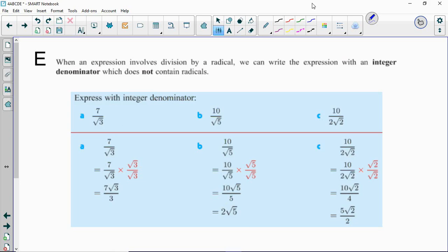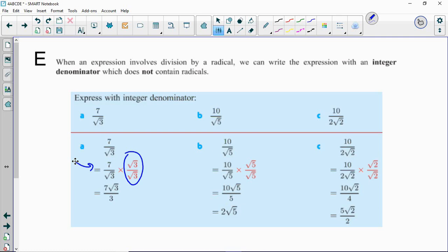Anyway, if you have a radical in the denominator and you wanted to get rid of it, the way you would do that is you're just going to multiply your fraction by a fancy looking 1, and that 1 is going to be made up of your original denominator divided by itself. So we see that right here in the first one. We're multiplying here by 1. It's just root 3 over root 3. Clearly that's equal to 1, so we're just changing the way that the problem looks.